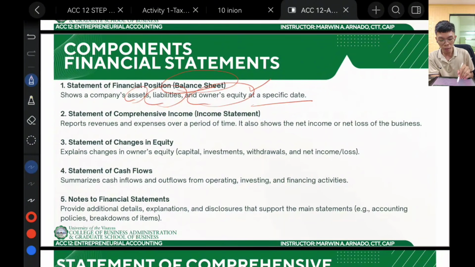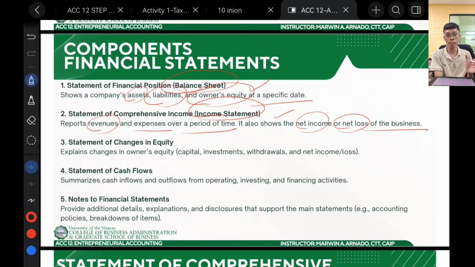The second one is the statement of comprehensive income, or the income statement. The income statement reports the revenues and expenses over a period of time, and it also shows the net income or net loss of the business.